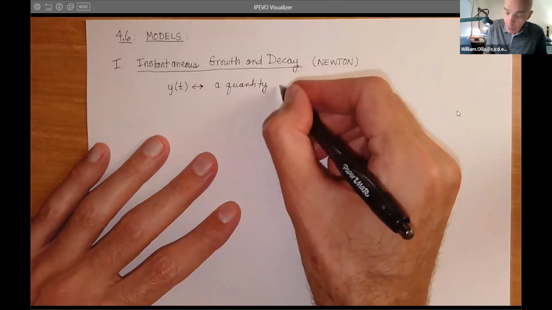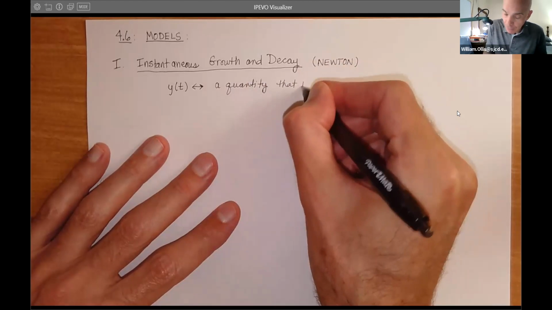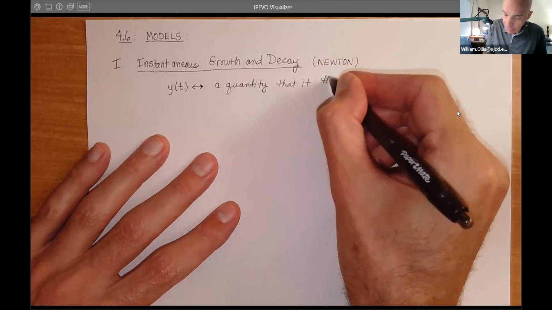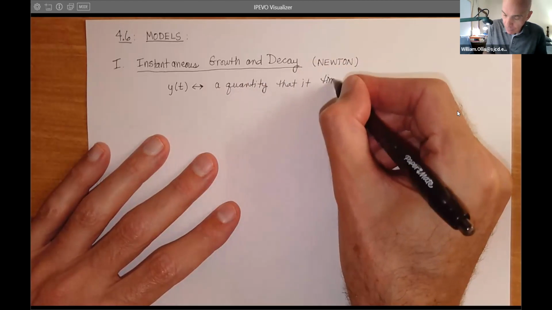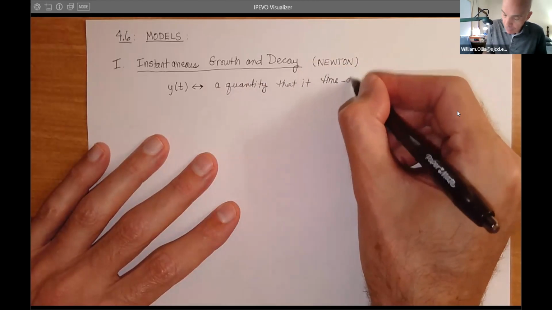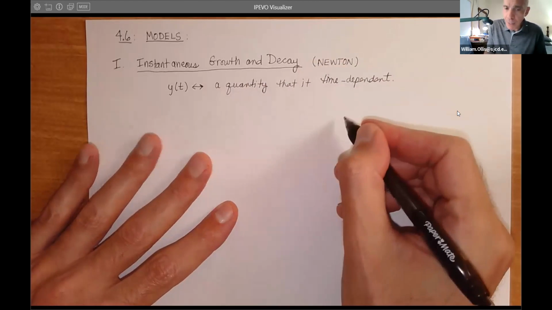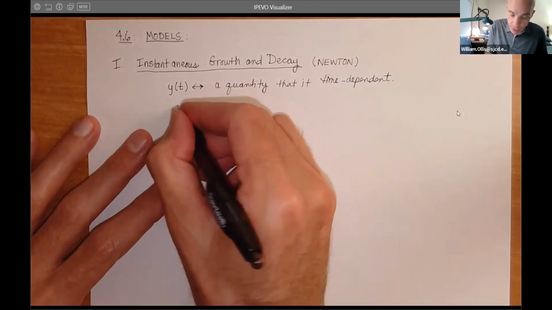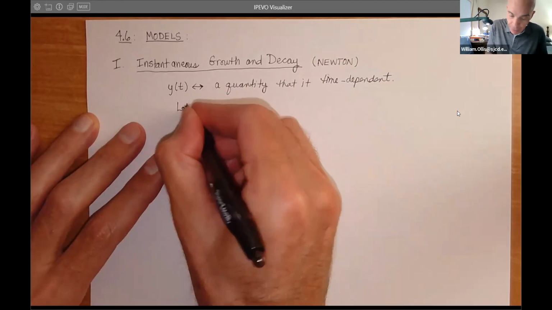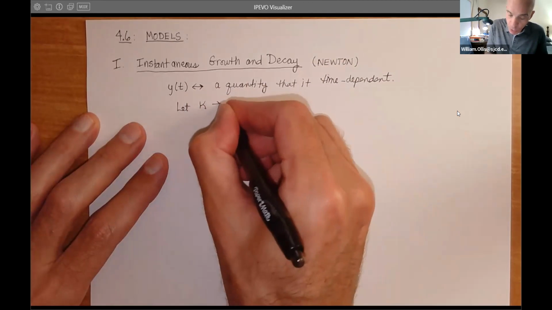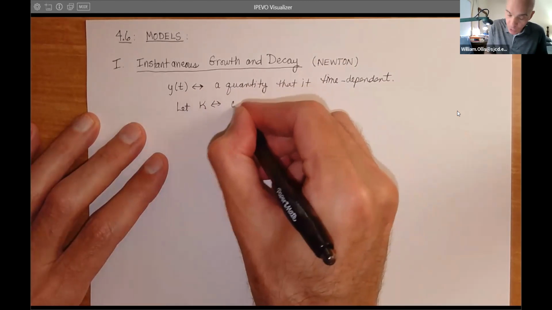A quantity that is time dependent. And what we're going to do is we're going to let k correspond to a constant of proportionality.